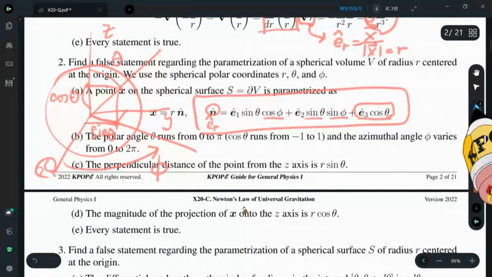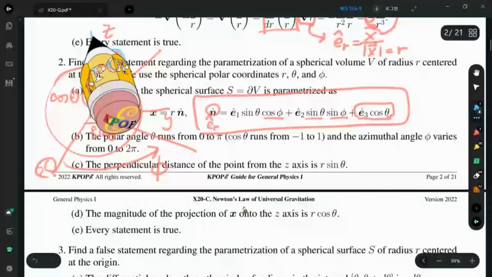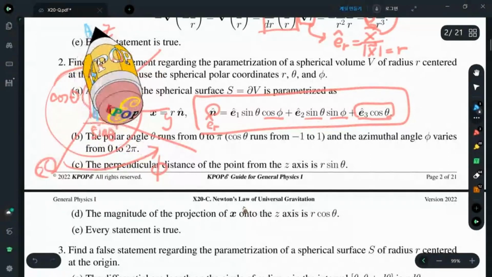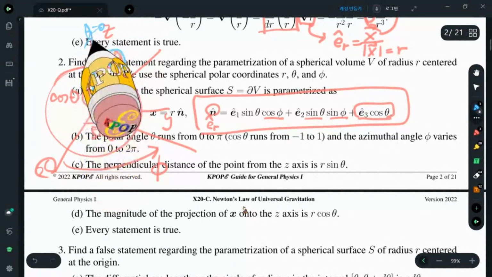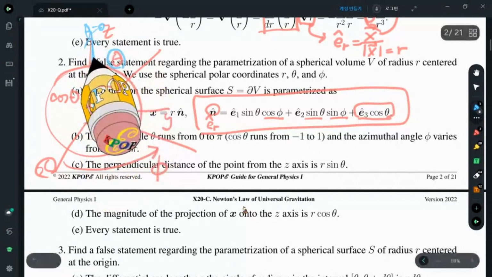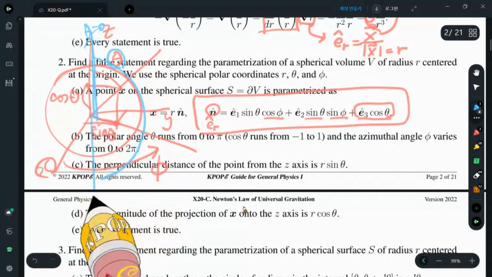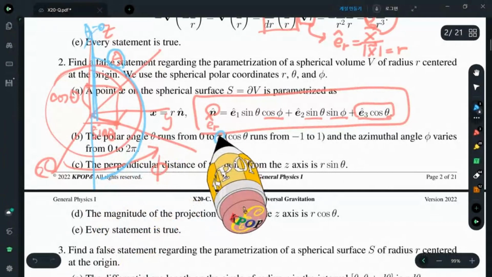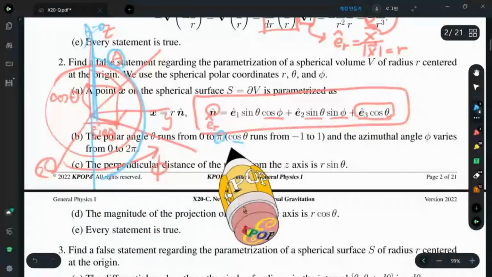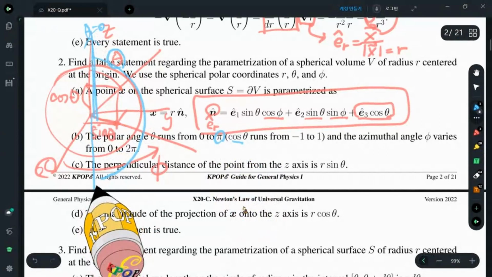We can see the polar angle theta begins with theta equals 0 when it is directed along the positive z-axis, and when we increase it, the maximum value reaches pi, whose cosine value runs from +1 to -1.